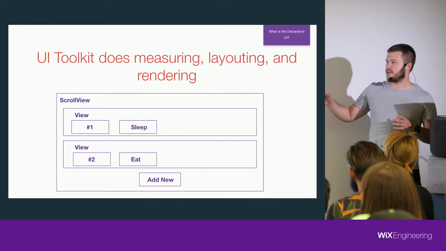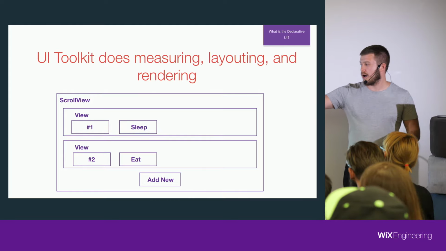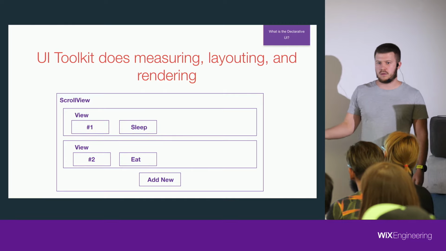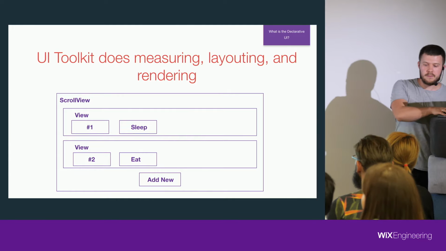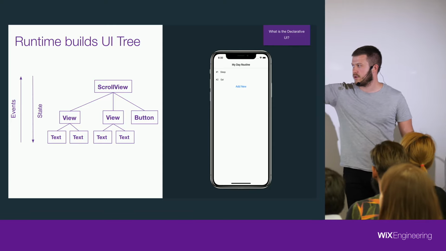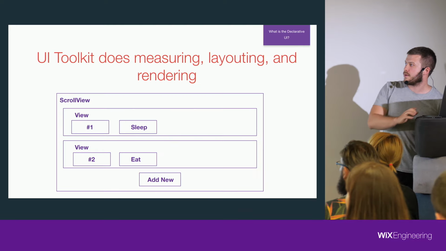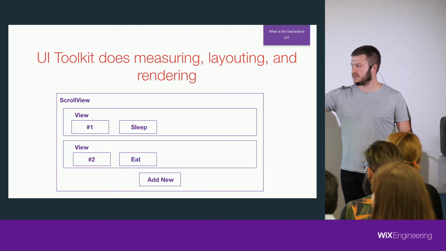It does layouting. It tries to position items on the surface, and then you render. So you just call a function that draws on canvas. So if you compare with the previous tree, we just had some nodes: scroll view, button, text. But here, after measuring, layouting, and rendering, we have widgets with data.